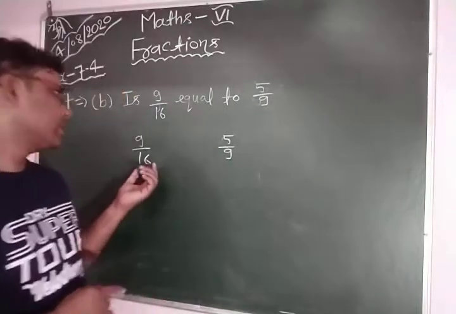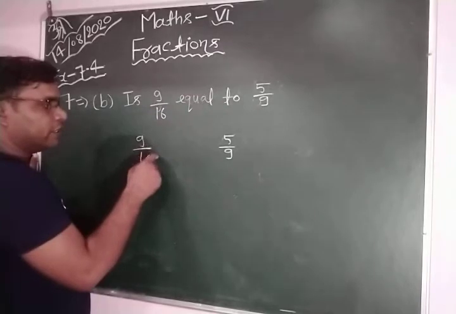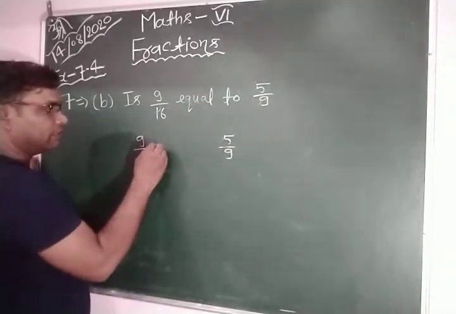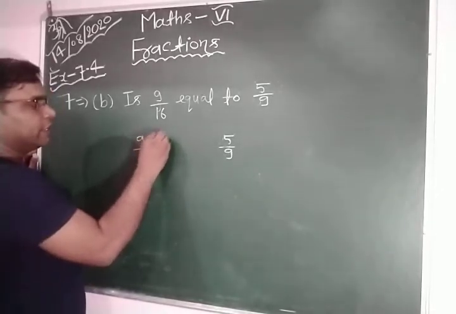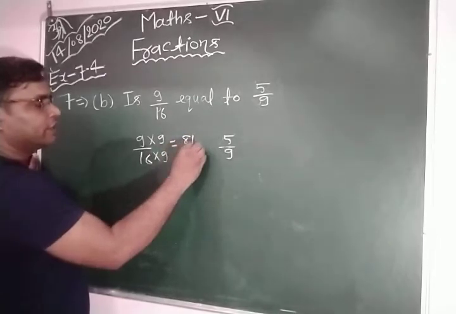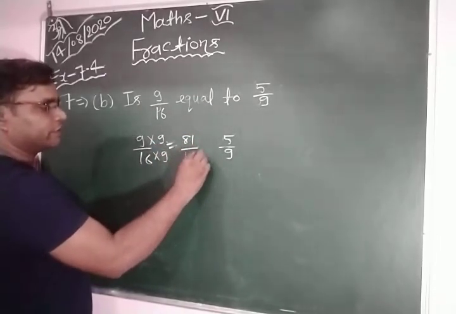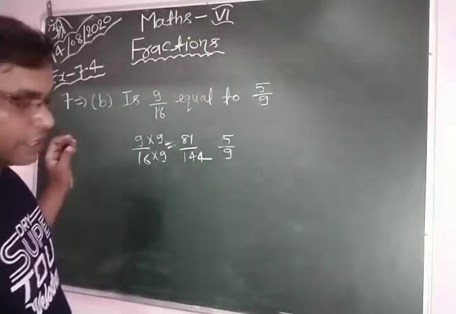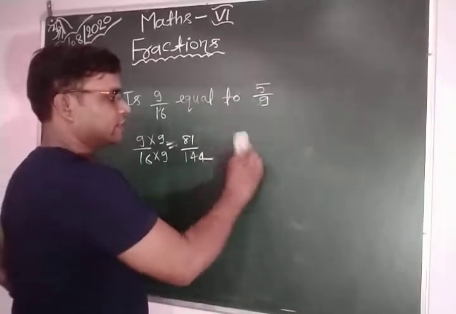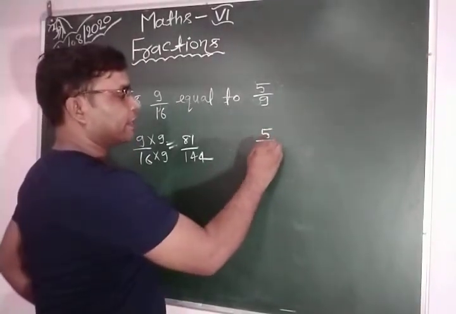So here we multiply the numerator and denominator of this fraction by 9. If you multiply the numerator and denominator by 9, we obtain 81 by 144. After this, the second fraction is 5 by 9.